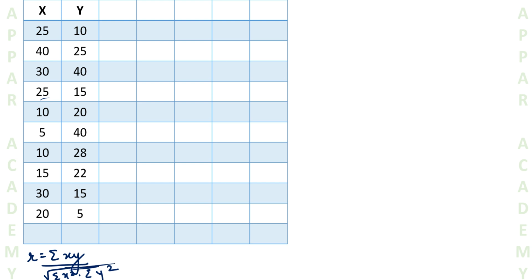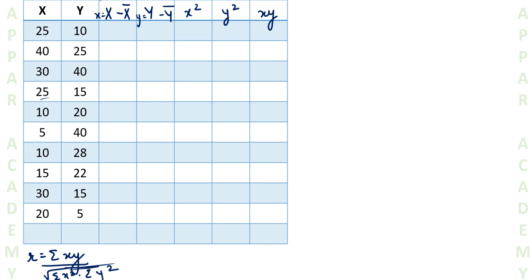So for this, what all things do we need? We have x. Next we need x minus x bar, and y minus y bar, right? This is equal to small x and this is equal to small y. Once we have this, then what do we need? We need x square, so small x square, then y square, and then x into y, right?